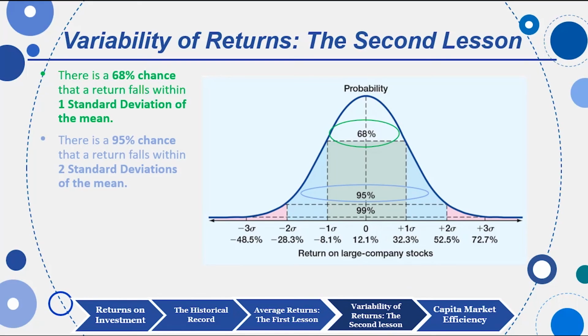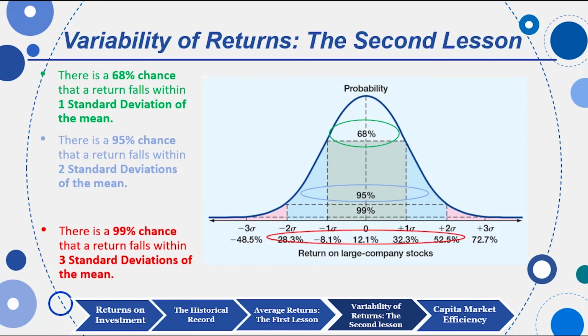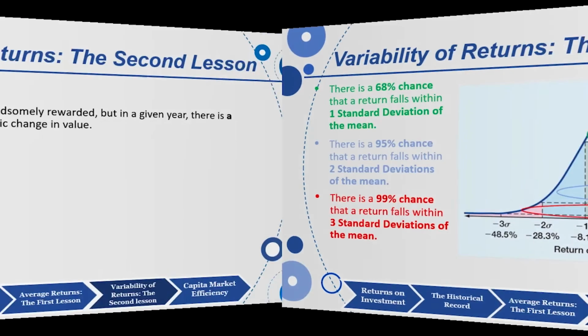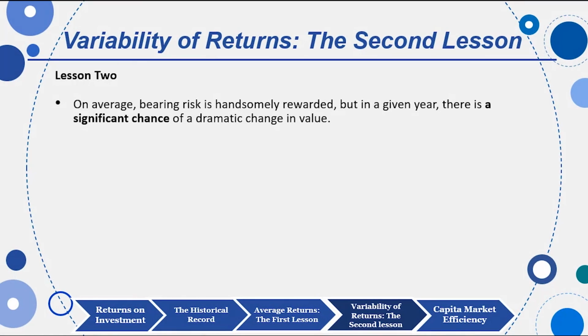I also know that plus or minus 2 standard deviations from the mean, 95% of future returns will fall within that. And then plus or minus 3 standard deviations from the average, 99% of future returns will fall within that band.